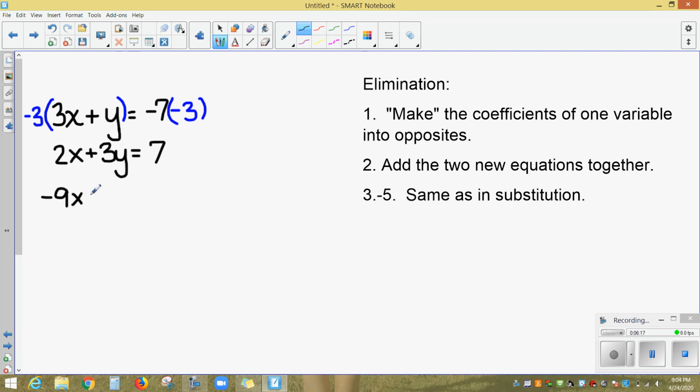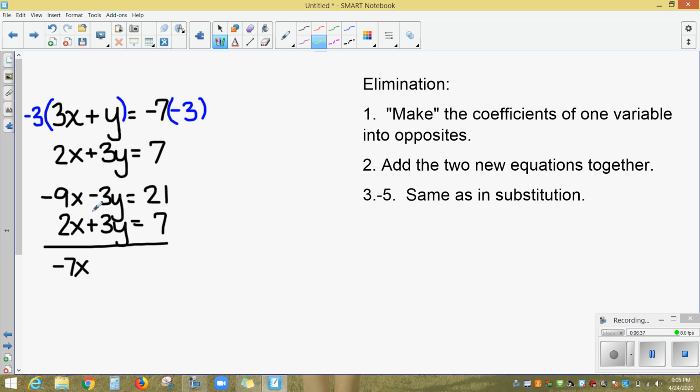So negative 9x minus 3y equals 21. The bottom equation we didn't have to change, not when we took this path. When we go to add the two new equations together, notice the y's go away this time, and we're left with an equation that only involves x's.